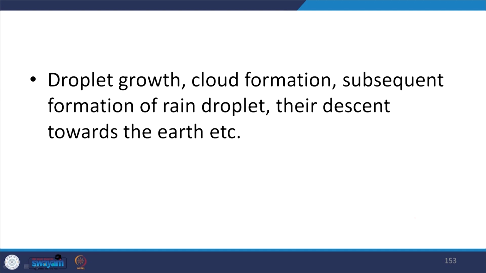We will try to understand what it takes for a very small cloud droplet to grow to the size of a rain droplet when water vapor condenses into it, right. This growth is called droplet growth by condensation.